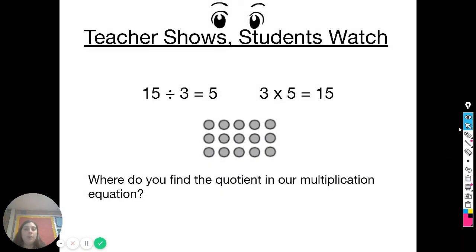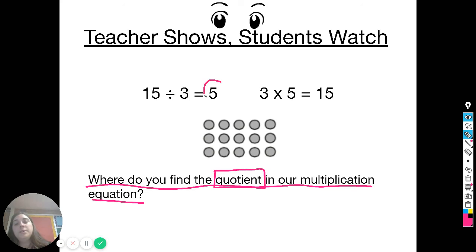So here's our two equations that we just came up with. Where do you find the quotient in our multiplication equation? So remember, quotient means answer. So here in our division sentence, there's the quotient. The answer is 5. Where do we find that in our multiplication sentence?